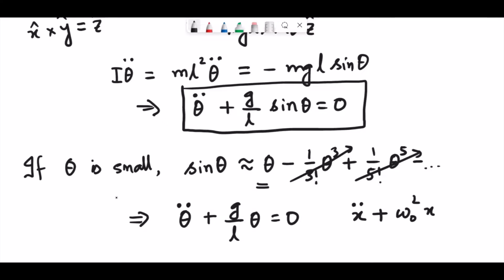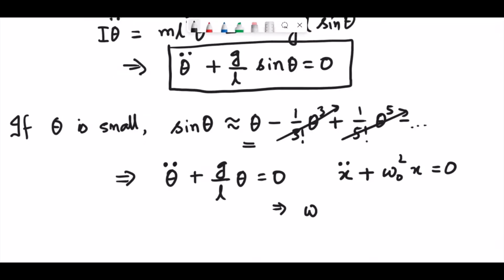And so, by the equivalence of the form of the equations, we find the angular frequency is given by square root of g divided by L.